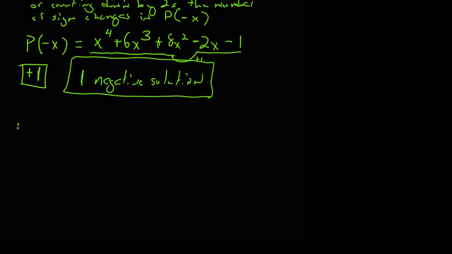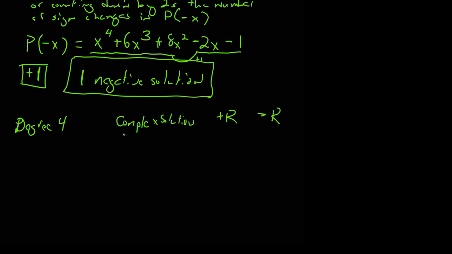So my power, my degree, is 4. My complex solutions, my positive real, and my negative reals. Now, I'm not going to look at any of the information we have here. I'm just going to start with the idea of I have to have 4 things.